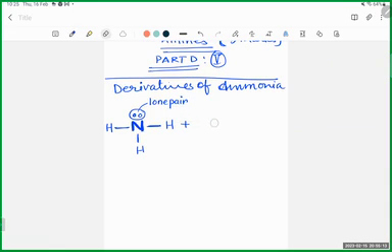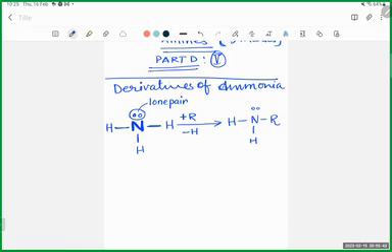Alkyl in the sense, suppose R. R can be anything, can be CH3, C2H5, anything it can be, right? So this gets added, and every step hydrogen will be removed. So what do you get as the compound? R gets attached over here and hydrogen gets removed.